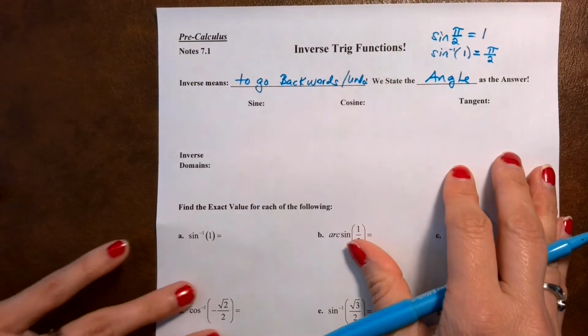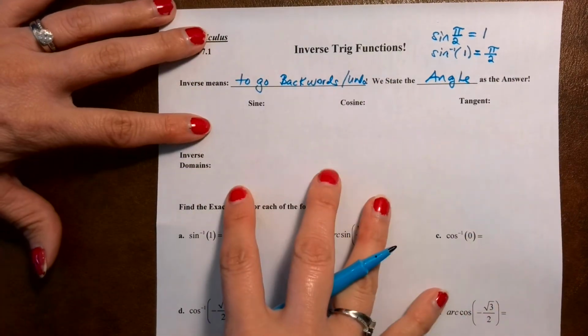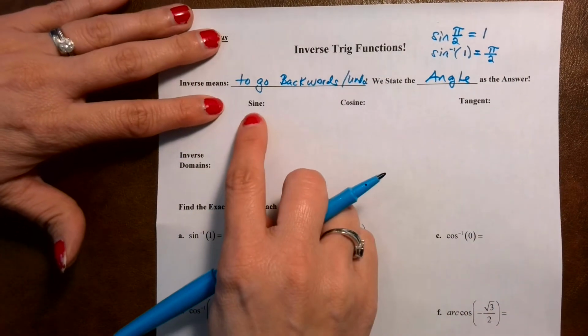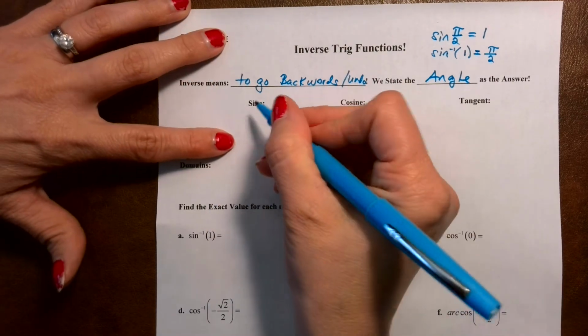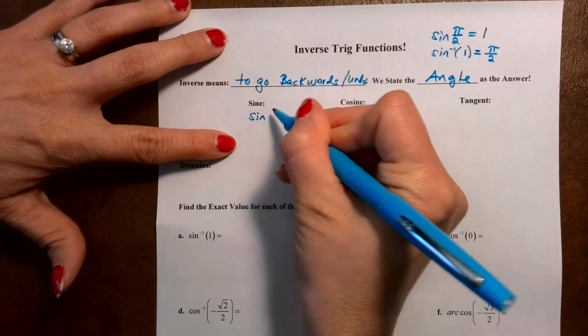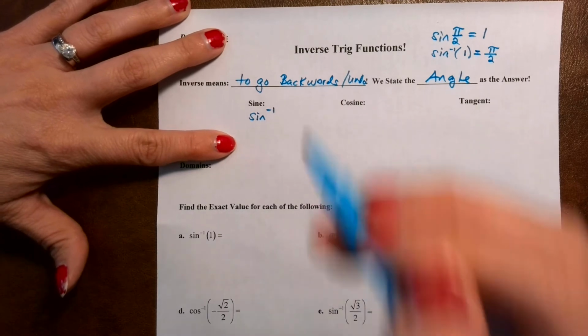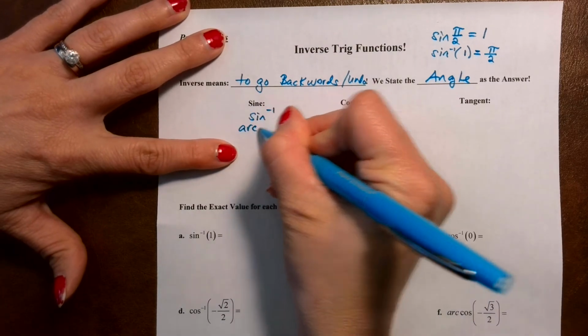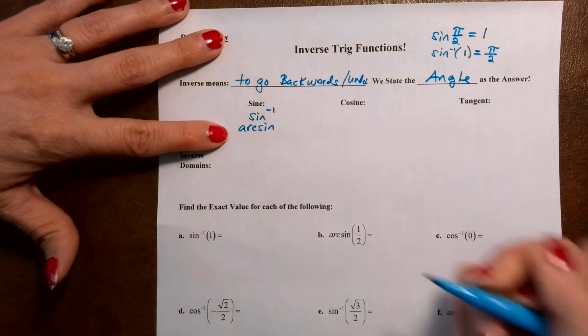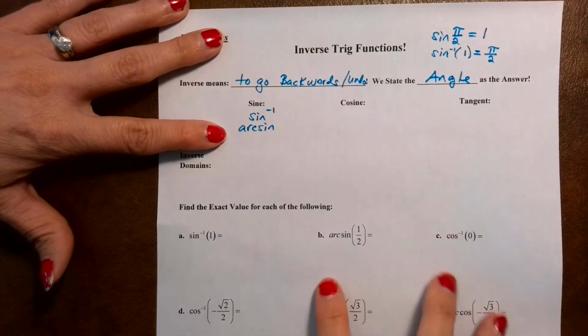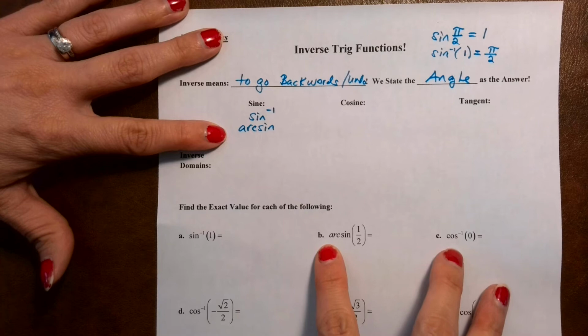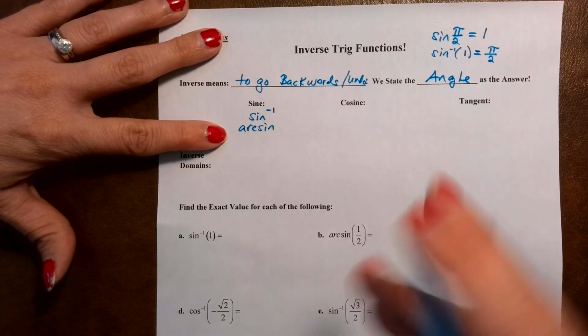All right. In order to do this, there's a couple things I need to mention. Sine inverse looks like this: sine with a little -1 power. It also can be written as arc sine. Arc sine means the same thing as sine inverse. You see some of the problems down here are arc, and some of them have a little -1 power.